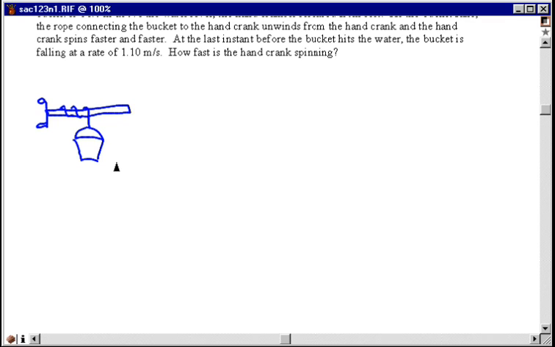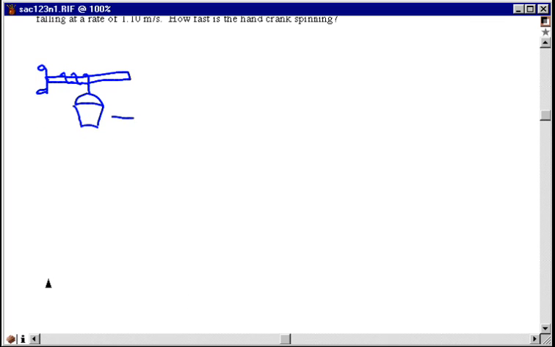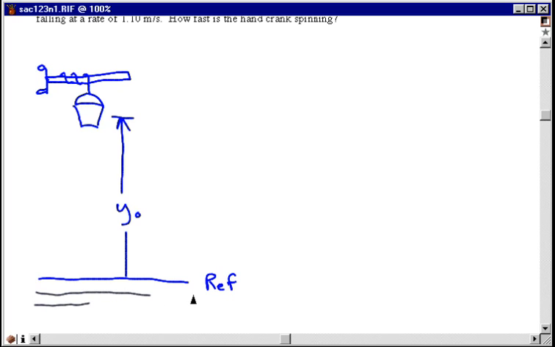In the before picture, we'll put the bucket up at a height, let's call it Y0, above the reference level, and that's the lowest point it ever gets to. I'll put the water level down here, just a little bit below that.